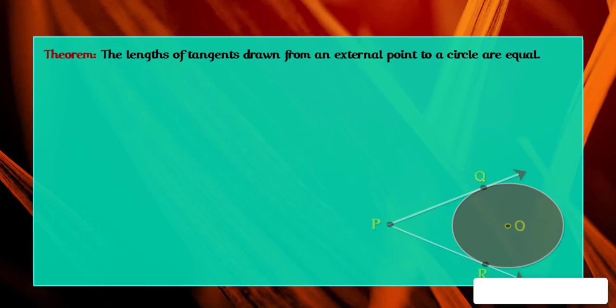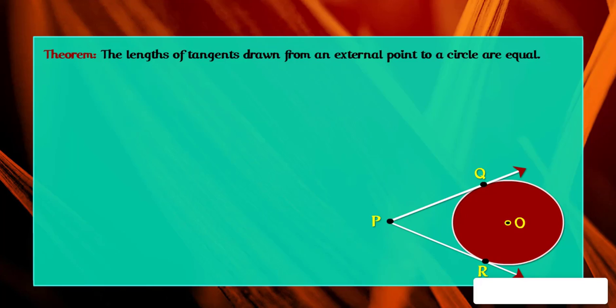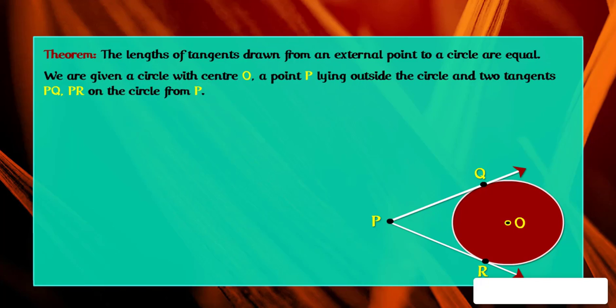Theorem. The lengths of tangents drawn from an external point to the circle are equal. We are given a circle with center O, a point P lying outside the circle, and two tangents PQ, PR on the circle from P. We have to prove that PQ is equal to PR.